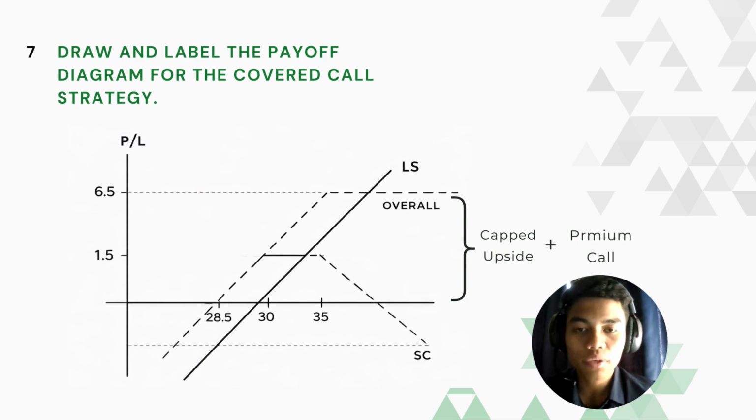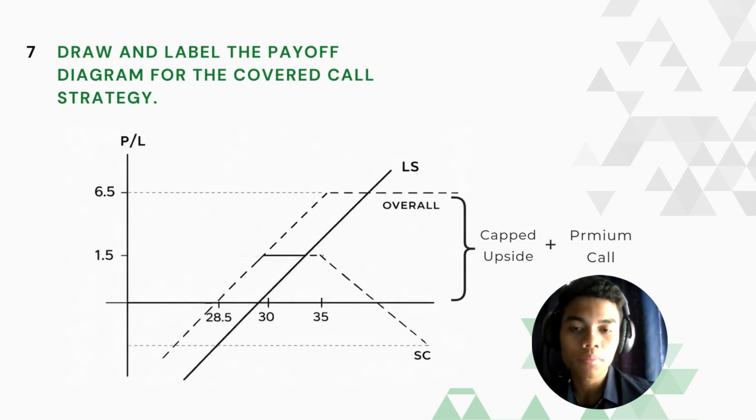From this diagram, we can see the niche makes a long stock at 30 ringgit, but they expect the price will not go much higher or lower, so they make a short call for the covered call strategy.